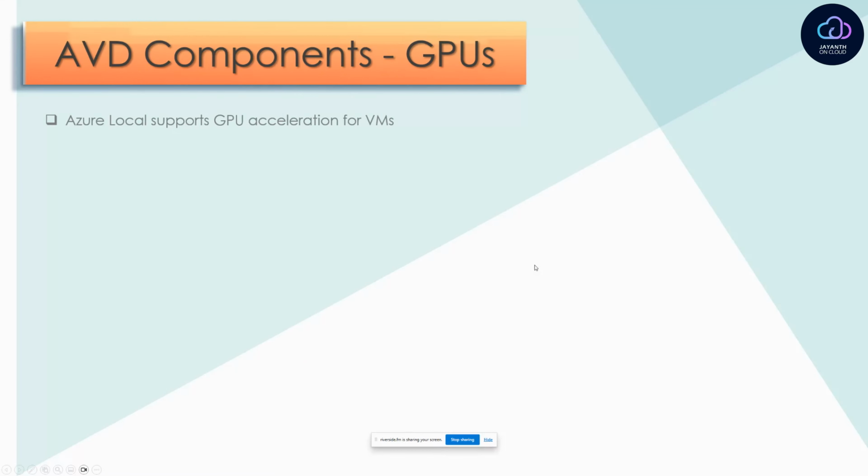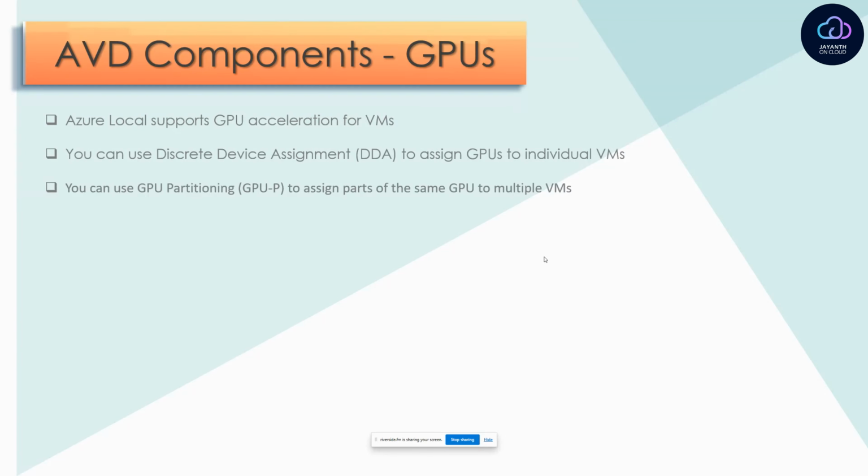Okay, so Azure Local supports GPU acceleration for VMs, definitely. And we can use something called DDA, Discrete Device Assignment, to assign GPUs to individual VMs. So this is where users have their own personal desktops. Or we can use something called GPU-P to assign parts of a GPU to VMs as well. So this is something that allows us to scale even further with the Azure Virtual Desktop and GPUs, where we're partitioning up, carving up a single GPU to multiple VMs.